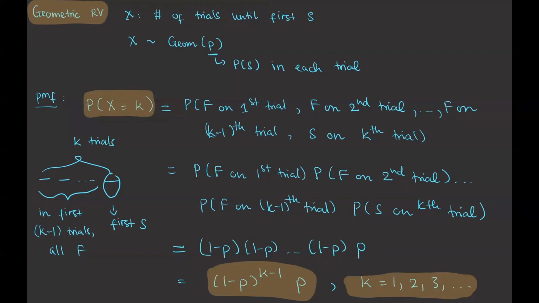From here, we will try to derive the expected value. Again, I just write out the formula for expected value. And what is the support of x here? X can range from 1 up to infinity. And what is the probability mass function for x?